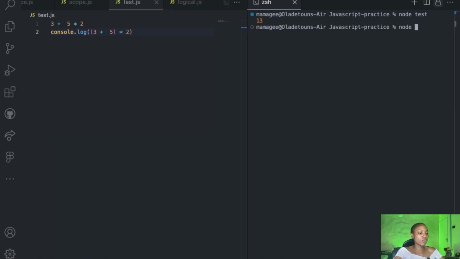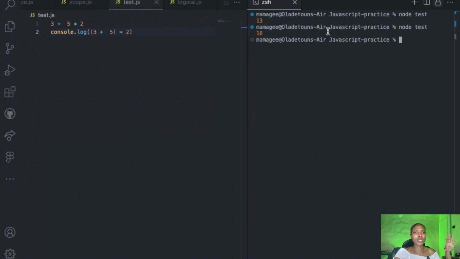Let's run this in node. Oh, 16 rather. So yeah, we got 16 because the parentheses we applied to 3 plus 5 changed the game. It changed the order of operation, right? So we know that parentheses are always performed first. Exponentiation is also performed before multiplication and division, and then plus and minus afterwards.